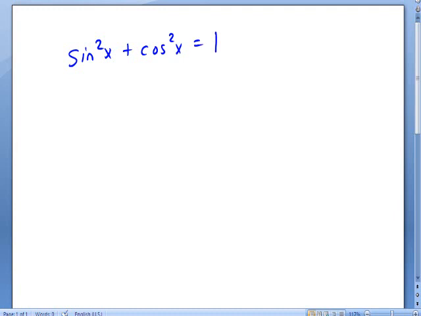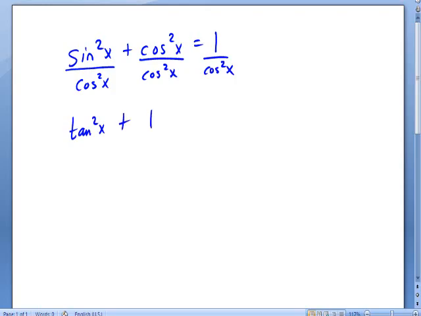For example, one of the things that sometimes is done is let's come in and just divide all of our terms by cosine squared of x. And see what comes out of it. Well, sine squared over cosine squared, that's just tangent squared of x. Cosine squared over cosine squared is 1, and 1 over cosine squared, there's secant squared.